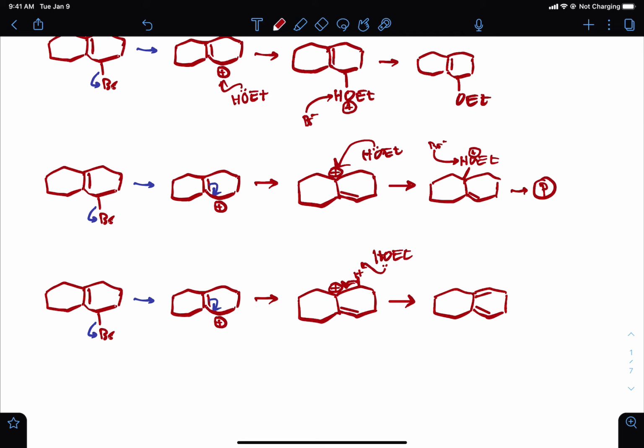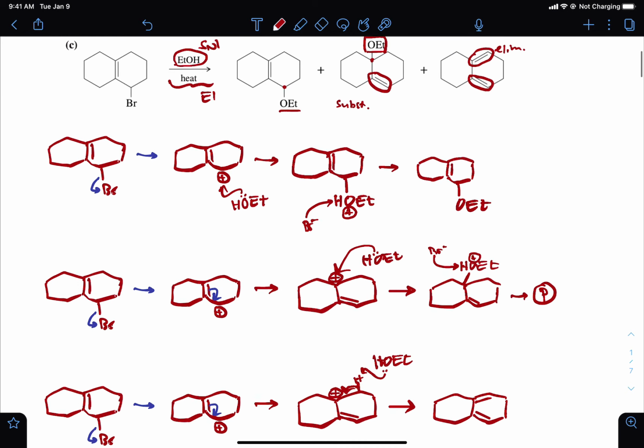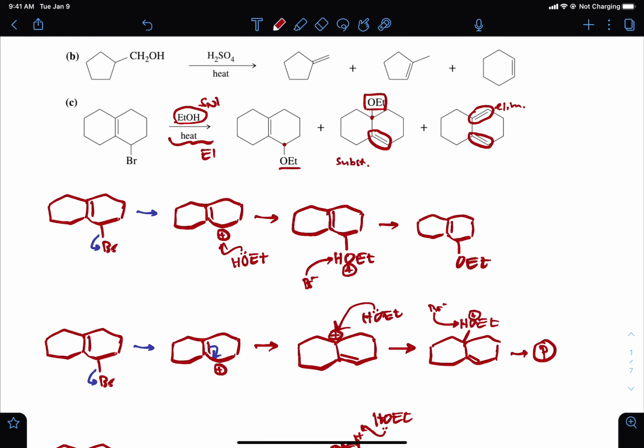Because they go through cations, you can have rearrangements, you can have resonance, which moves that charge around. And when you move the charge around, you therefore will also move where the nucleophile ends up if you're doing a substitution, or you can move around where the double bond ends up if you're doing elimination. So anytime you see those deviations in structure where things are moving around, think about E1, SN1 with resonance or cation shifts.